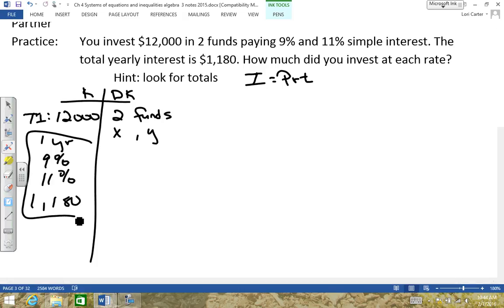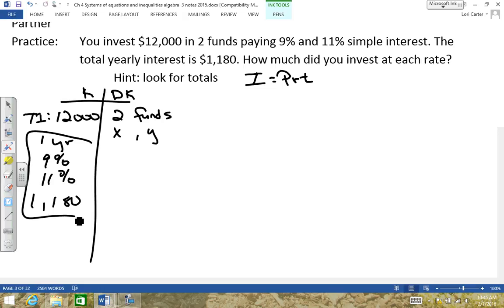So what do those equations look like? Got any guesses? Is there one where something is equal to 1,180 times 0.9? 0.9 times what? 1,000.